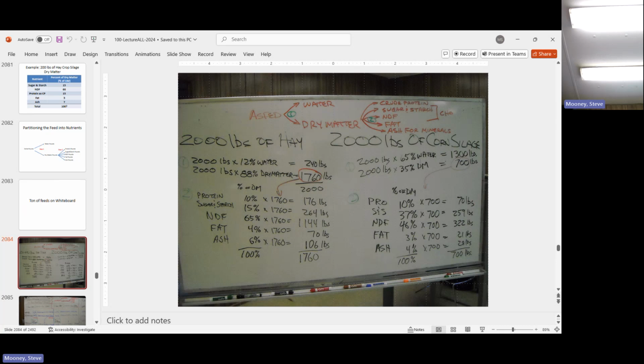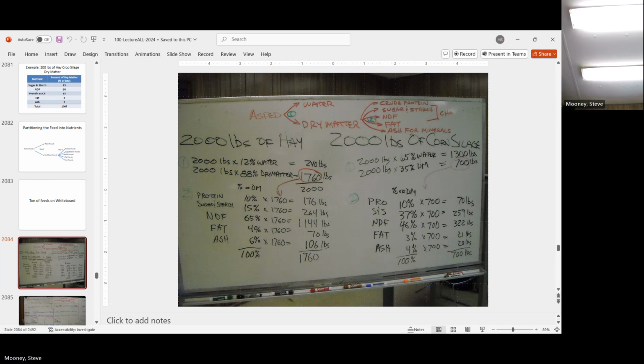Starch and sugar. So 0.15 times 1,760 is, what'd you get, Reese? 263. 264 pounds starch and sugar in that pile.